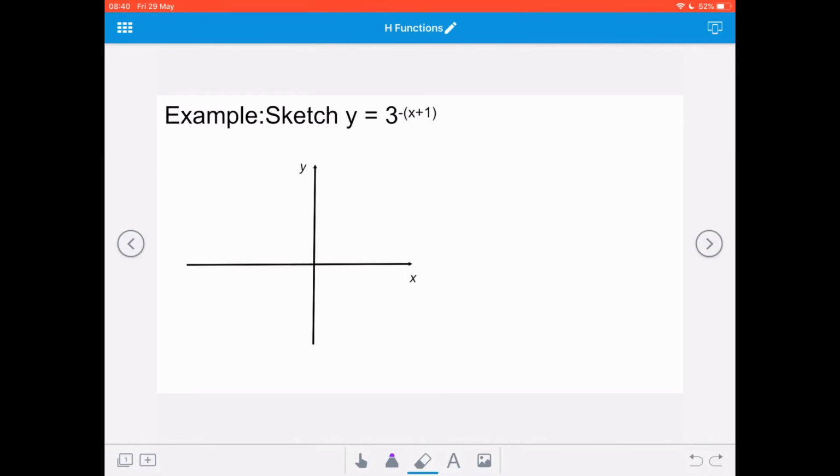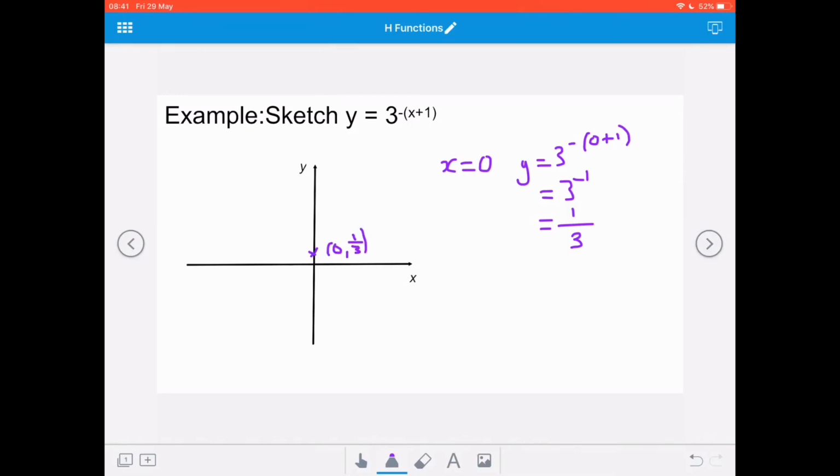So, if we were to say we want to know what the coordinates at x equals 0 are going to be, if we plot that in, so y equals 3 to the negative 0 plus 1, that's going to give us 3 to the negative 1, and we know that we can rewrite that using our rules of negative indices as a third. So we've got the point 0, a third, so that's where it's crossing my y-axis.